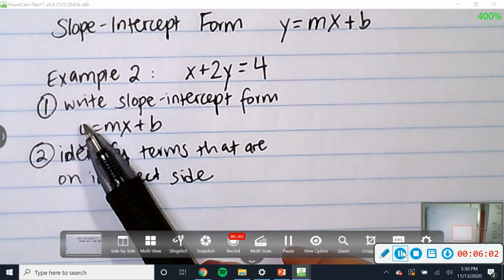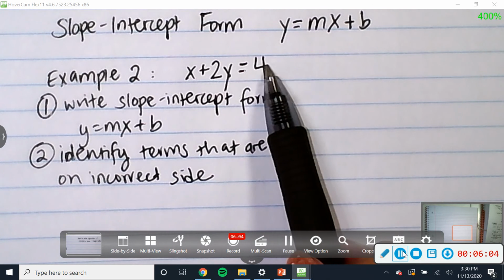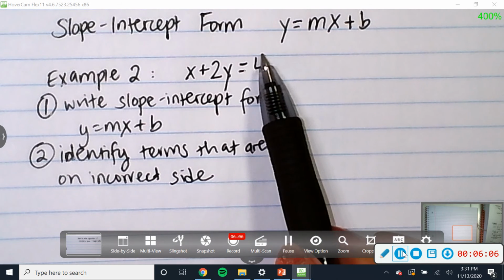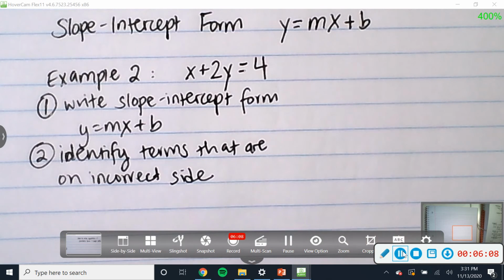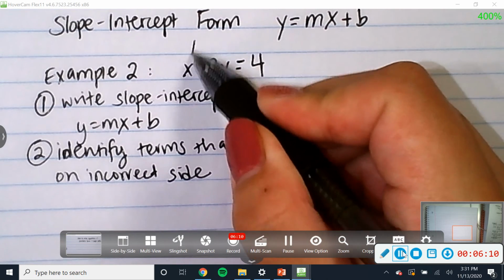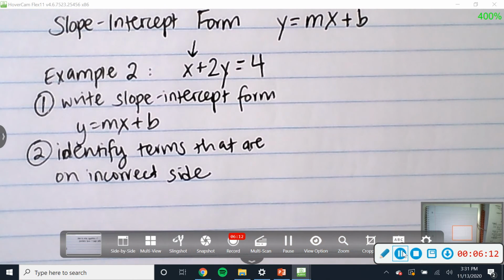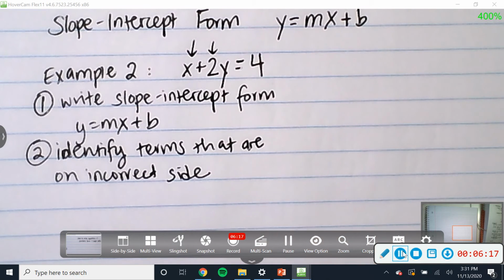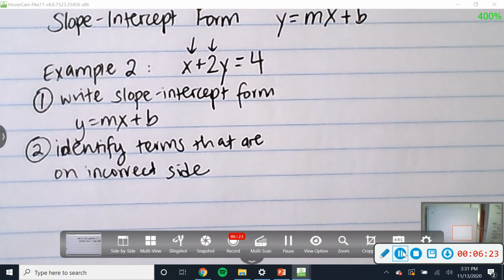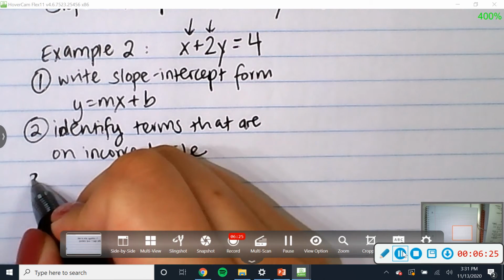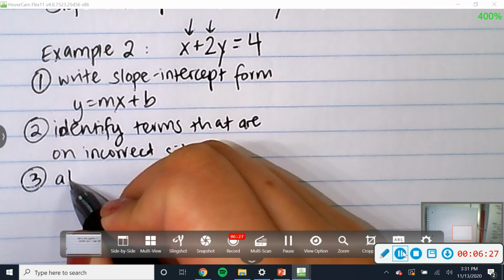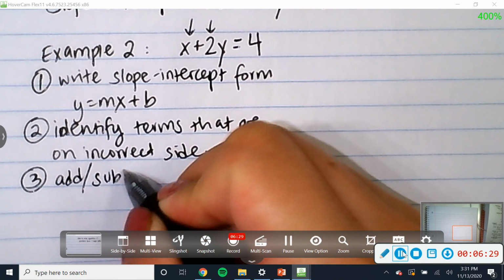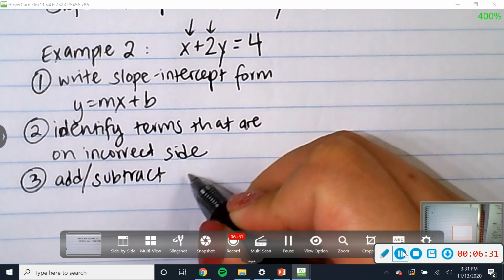It's supposed to be on the left over here. And the 4 is also on the correct side because our number is supposed to be on the other side of our equation. What needs to move is this x term, and also this 2 in front of the y should go away. So since we have to get rid of multiple things, we should always start with our addition and subtraction first. So always add or subtract first.